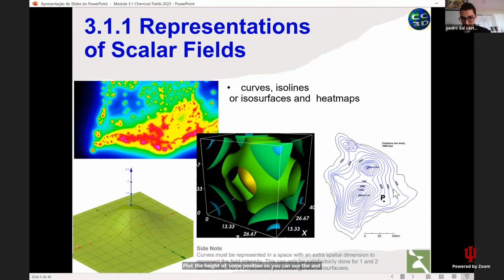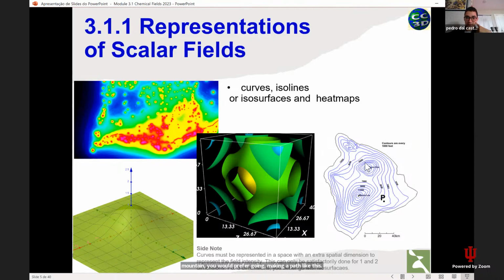So in this example here, this line would be, I don't know, 1,000 meters, 1,300, etc. And in places where the lines are clumped, the steepness is higher, right? And in places where the lines are further apart, the steepness is lower. Okay, so if you are hiking in this mountain, you would prefer making a path like this instead of this, for example.